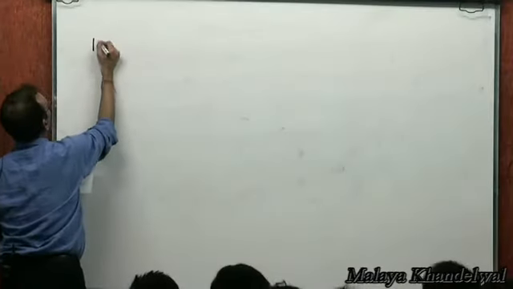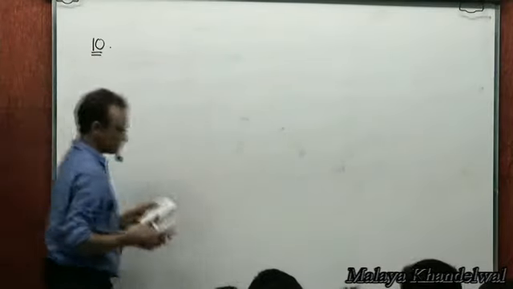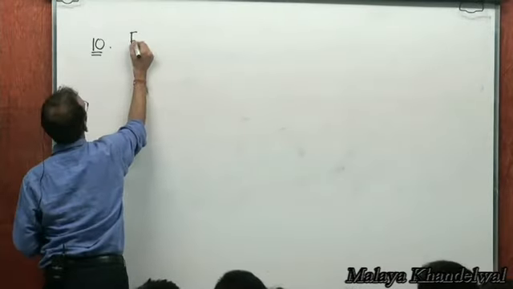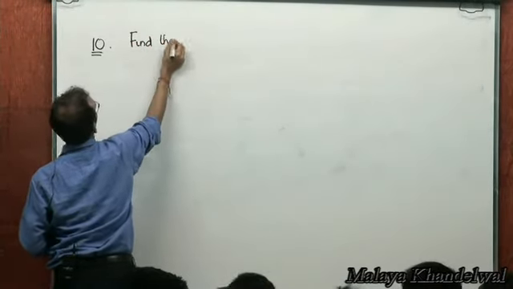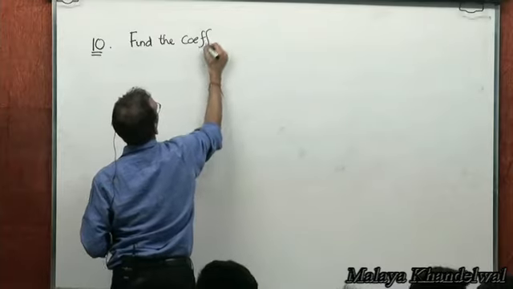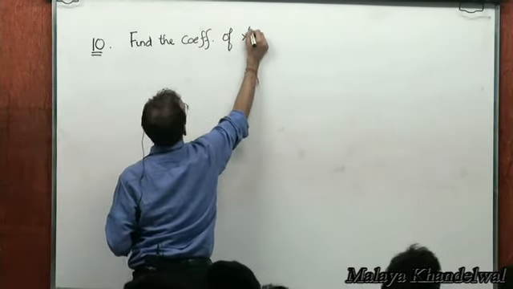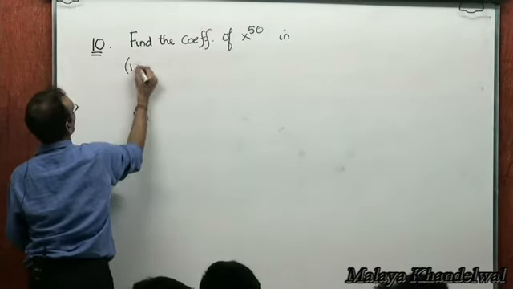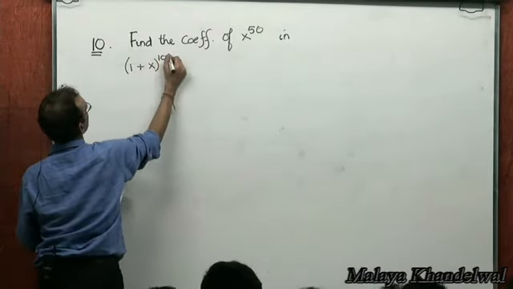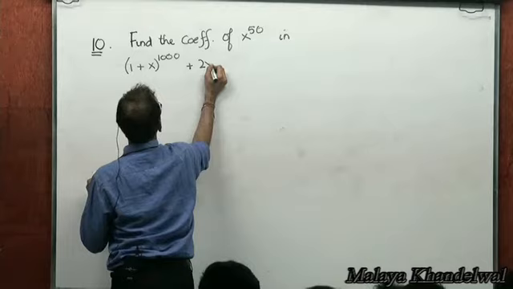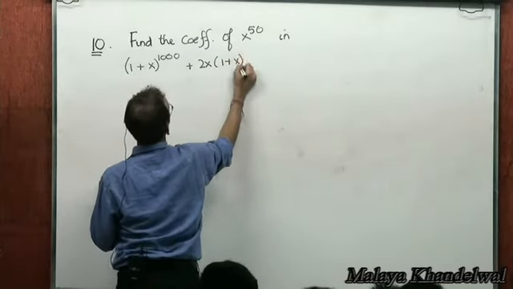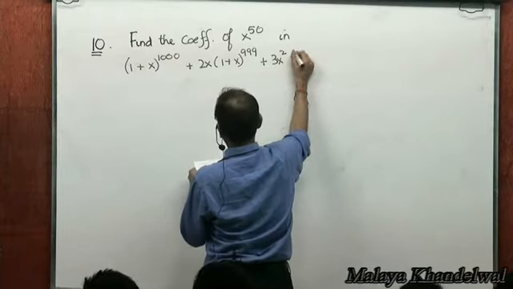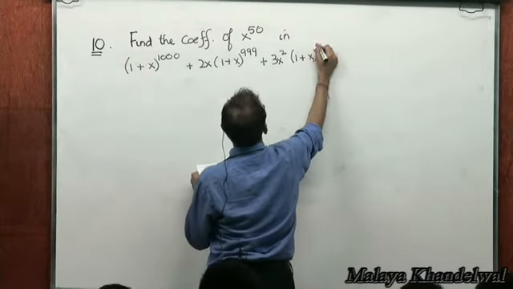Problem 10: find the coefficient of x power 50 in 1 plus x to power 1000 plus 2x into 1 plus x to power 999 plus 3x squared into 1 plus x to power 998 and so on.